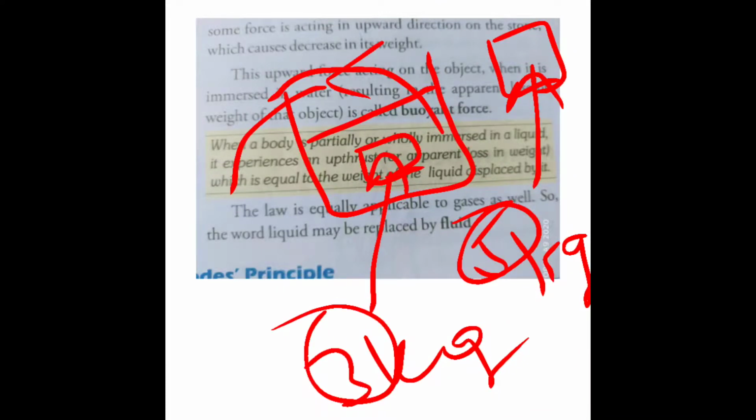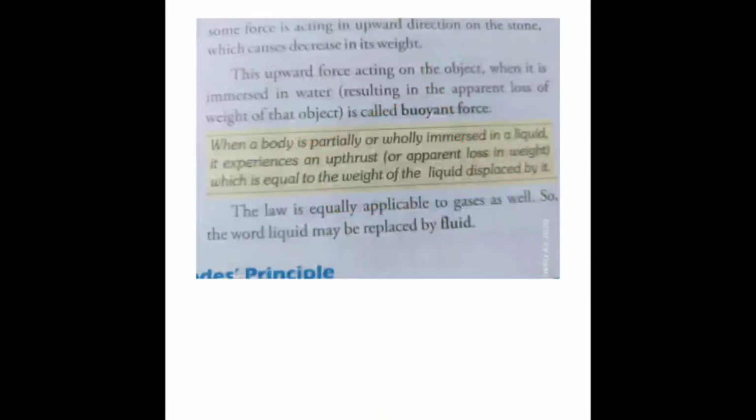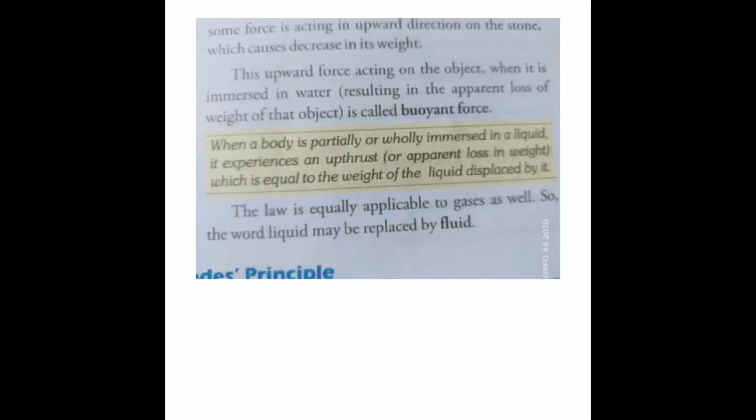That is 5 minus 3, 2 kg. So 2 kg of water will be displaced up. That means 2 kg of water will rise up. So this was the simple explanation of Archimedes principle. So when a body is partially or wholly immersed in a liquid, it experiences an upthrust which is equal to the weight of the liquid displaced by it.